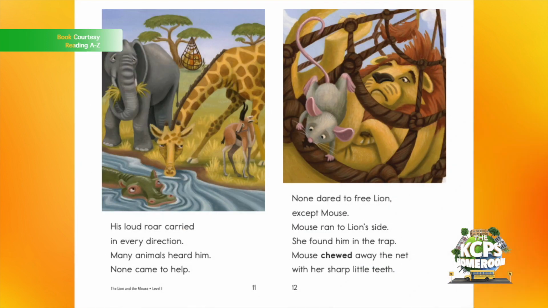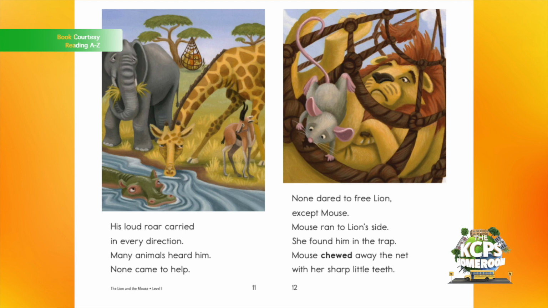His loud roar carried in every direction. Many animals heard him. None came to help him. None dared to free Lion except Mouse. Mouse ran to Lion's side. She found him in the trap.